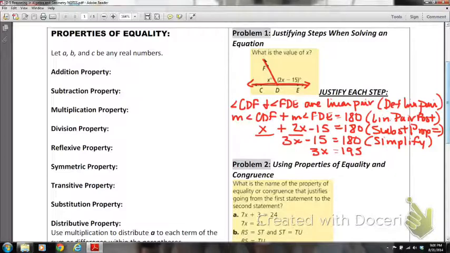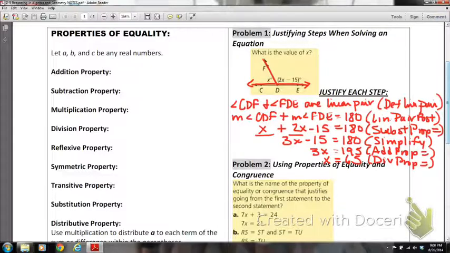The reason I can add 15 to both sides is the addition property of equality. The last step I can take is to divide both sides by 3 to solve this equation. So if I divide both sides by 3, then x is equal to 65. And I can do that by the division property of equality.